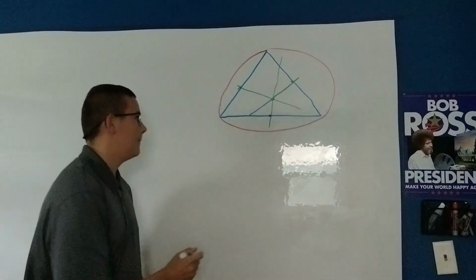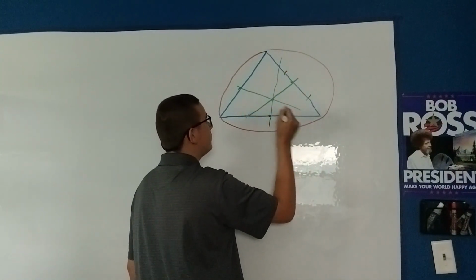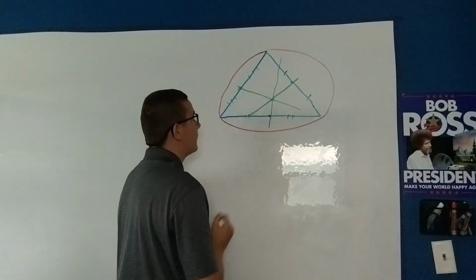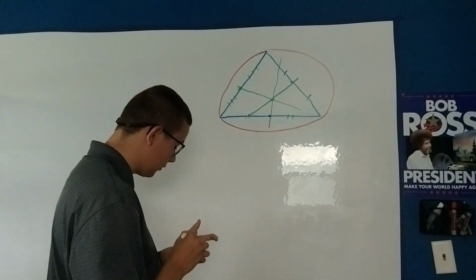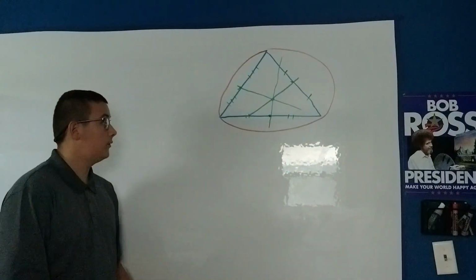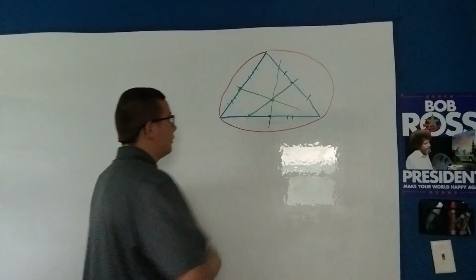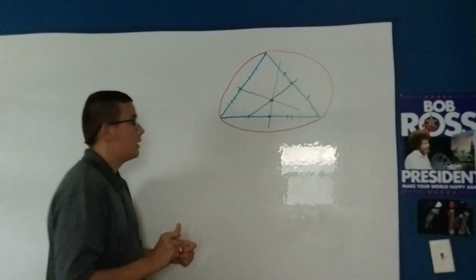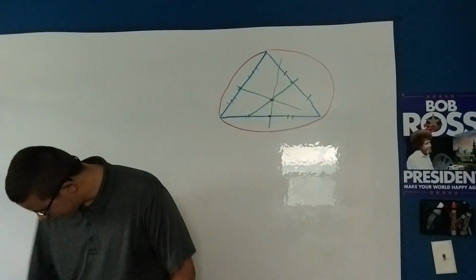Again, I judged the midpoints incorrectly because it's supposed to meet more around the center of the circle. But regardless, you get that point there where they all meet. Draw this in red. And that point there will be the center of this circle around the outside.